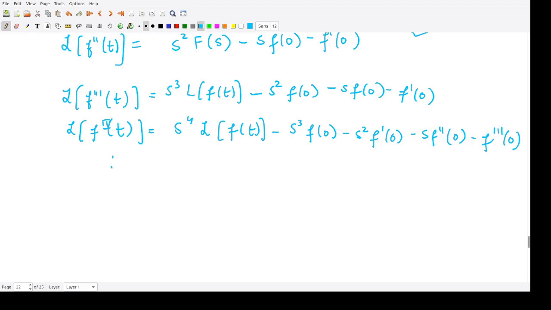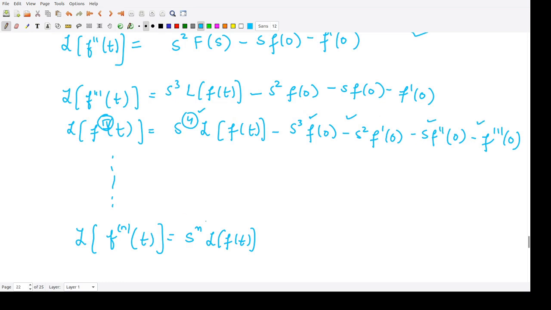Finally we reach the Laplace transform of the nth derivative of f of t. Generalizing, if you have the fourth derivative you would have the power 4, so we would have s to the power n, the Laplace transform of f of t, and then the powers of s go on decreasing: power 4, power 3, power 2, power 1, power 0. So we would have minus s raised to power n minus 1 times f of 0, then minus s raised to power n minus 2 times f dash 0, and so on.